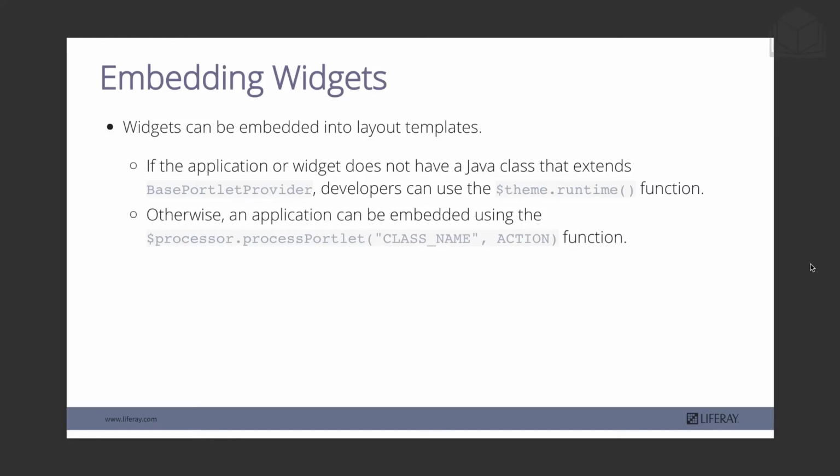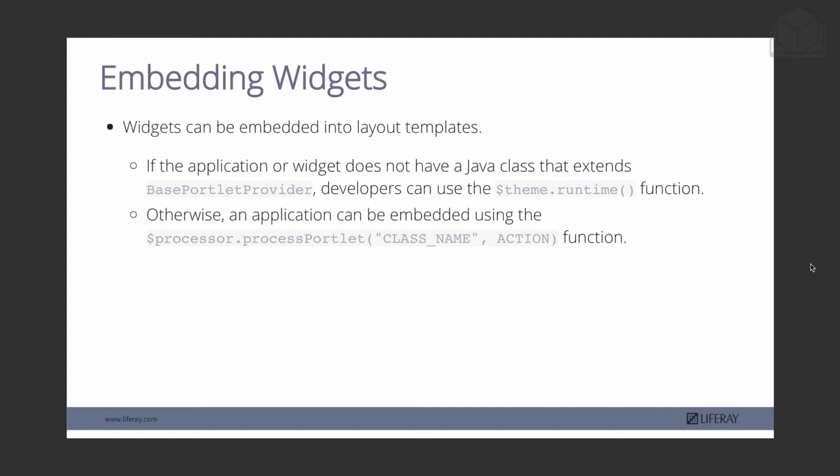If the widget does not have a Java class that extends the base portlet provider, developers can use this theme.runtime function with the ID, and that's something that you'll have to look in the source code to find out. Okay, but basically you can find the IDs in the widgets themselves and their configuration. You can go ahead and run that test.